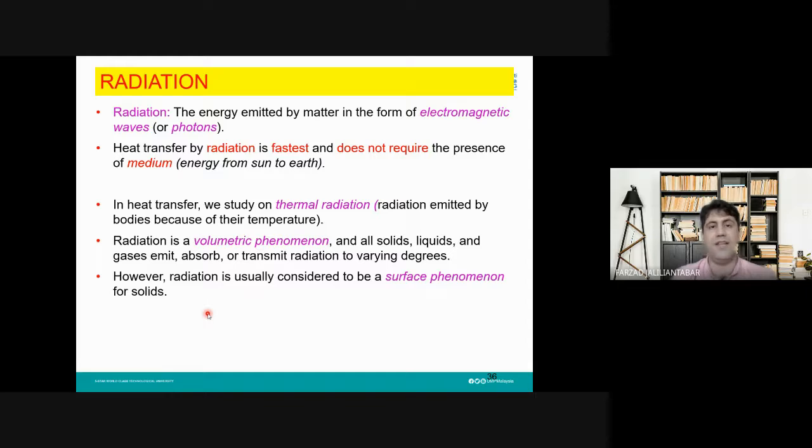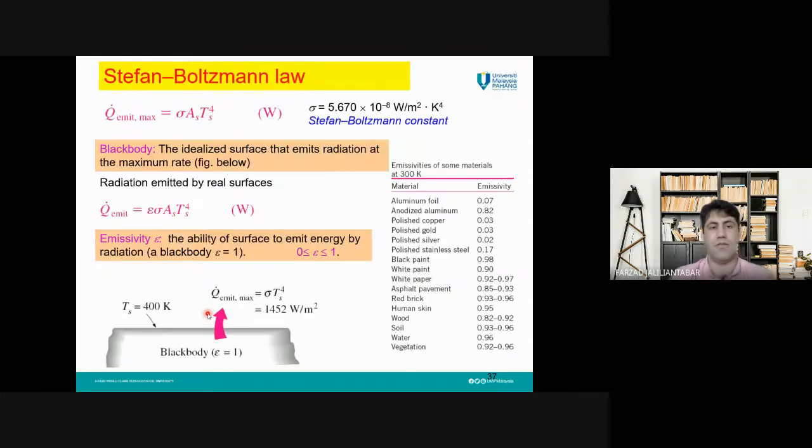But for the solids, because we have the surface of the solid and the inside of the solid, we don't have radiation inside, or at least it does not contribute to the heat transfer by radiation. So for a solid, we just discuss the surface of the solid and we calculate the radiation transfer for the surface.